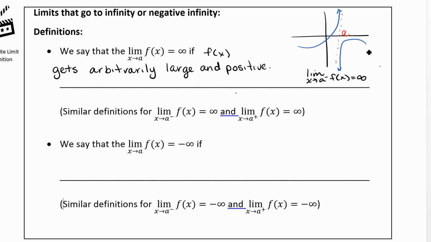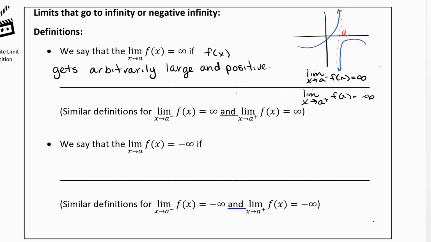Similarly, here our right-handed limit we know is going down to negative infinity. So we would say that the limit as x goes to a from the right of f of x is equal to negative infinity. And negative infinity is a tough concept to even write out in words. And that's kind of why we wrote the infinity way, the way we did.